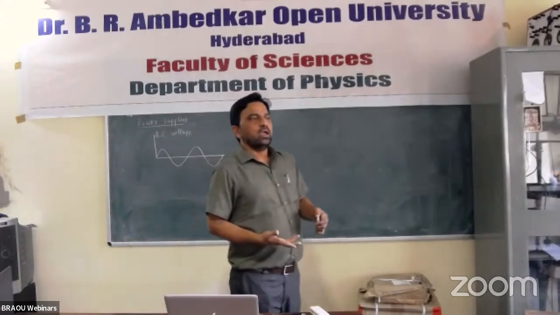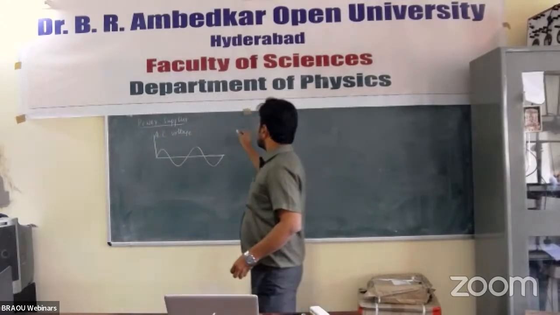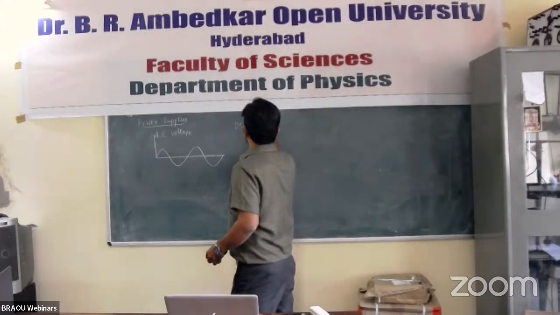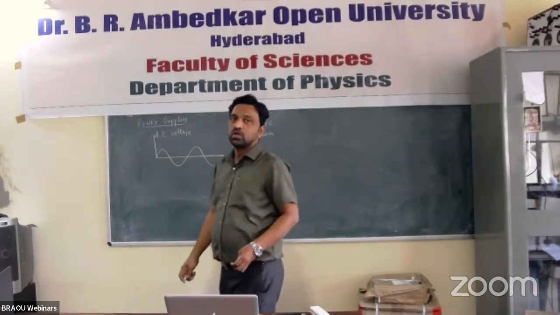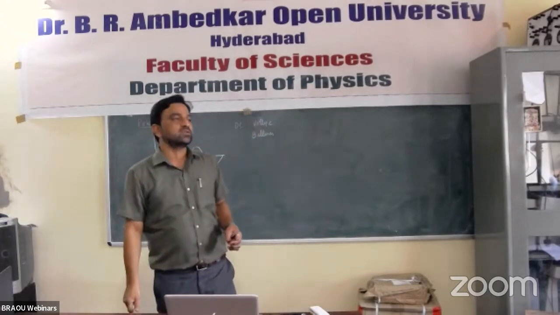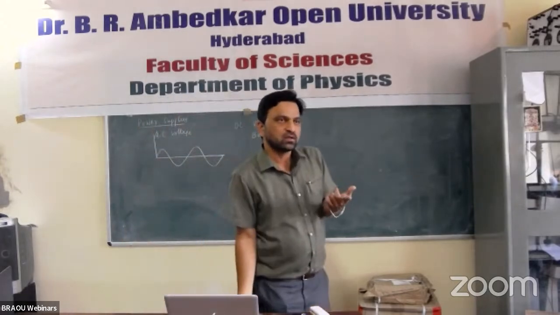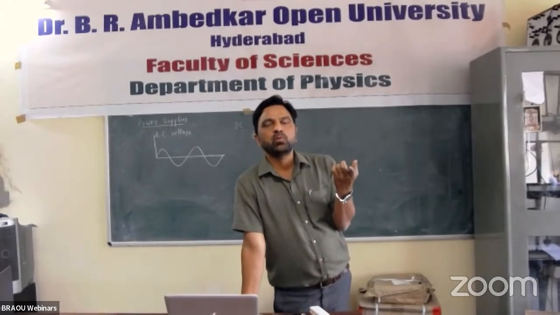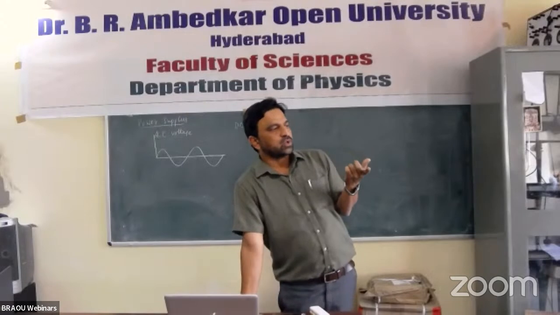Even this DC voltage, you can get with the help of batteries also. If you have certain electronic circuits, they may work with the help of batteries. Suppose you have a watch, it has a battery that produces a DC voltage only.